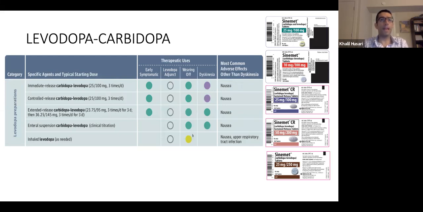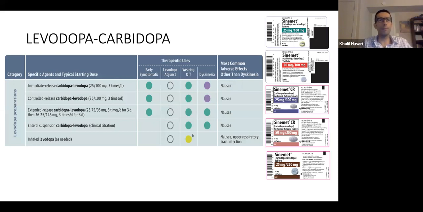And then every few days or every week, I increase it by half a tablet until I reach a good dose, okay? And remember, this is all symptomatic, meaning that it should be given during waking hours only. So there's no point in giving a dose late at night if you don't have any symptoms during sleep or early in the morning. So what I usually do is, you wake up the patient and you give it on an empty stomach. That's the other thing.